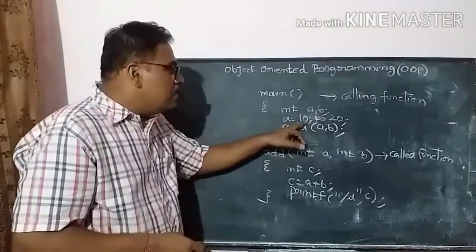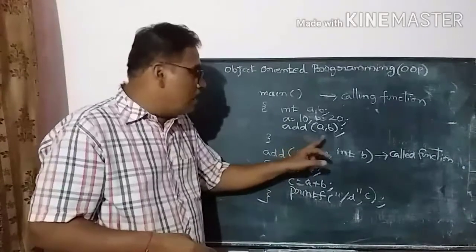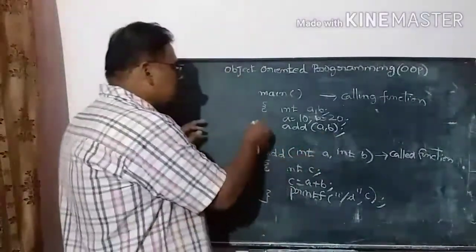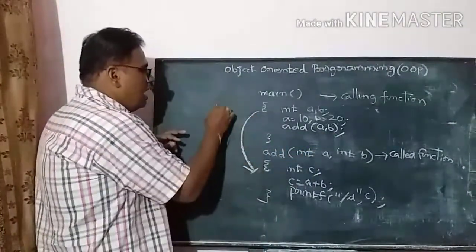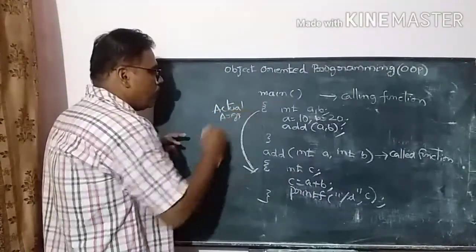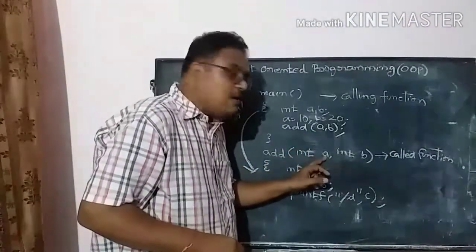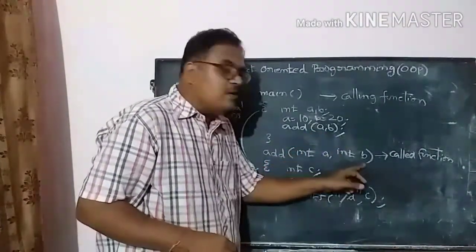I send these a and b values into the add function. Here a, b are called actual arguments. The value of a is assigned to this a and b is assigned to this b.